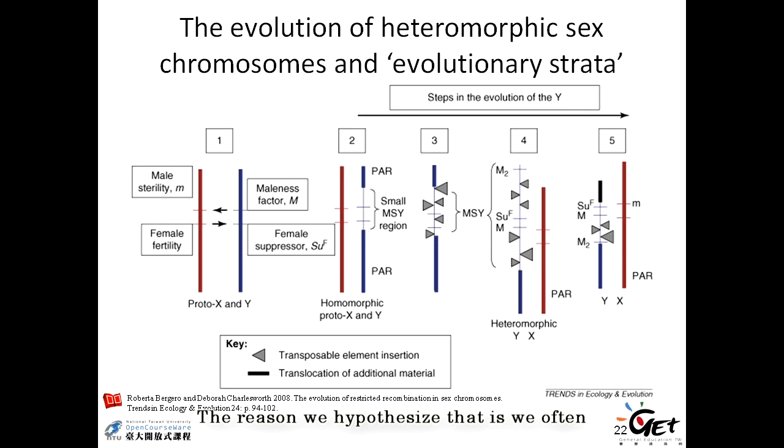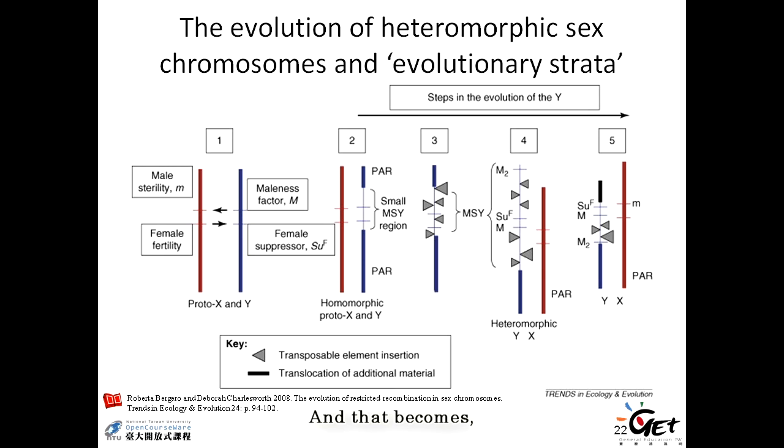The reason we hypothesize that is we often observe repetitive sequences on the Y chromosome, and a lot of them are similar to transposable elements. So from stage 2, 3, 4, the degeneration regions on the proto-Y chromosome become larger and larger, and the accumulation of deleterious alleles becomes greater.